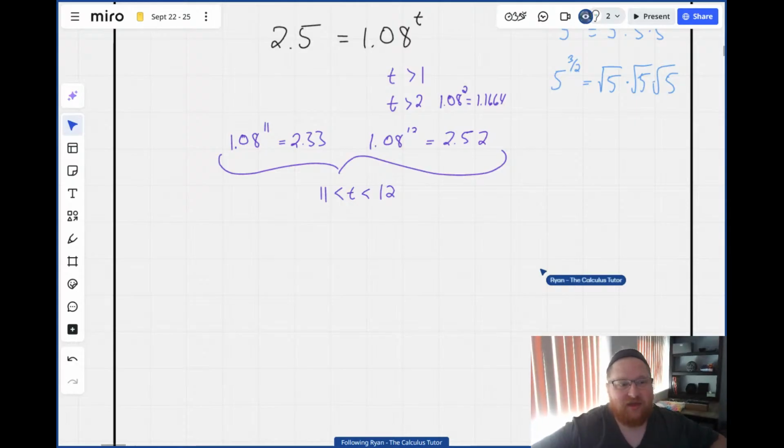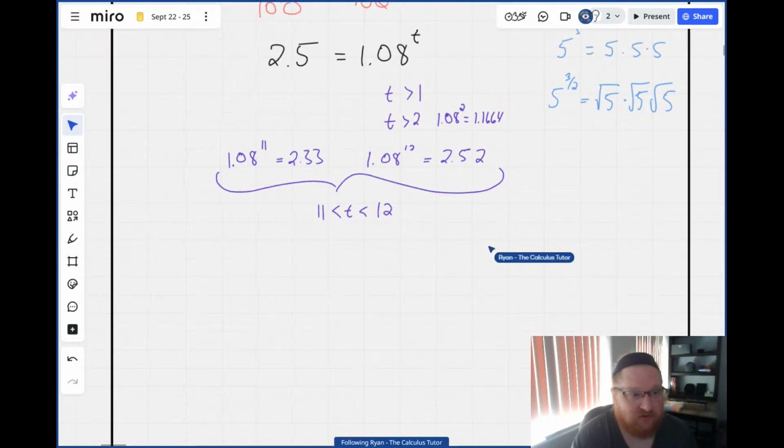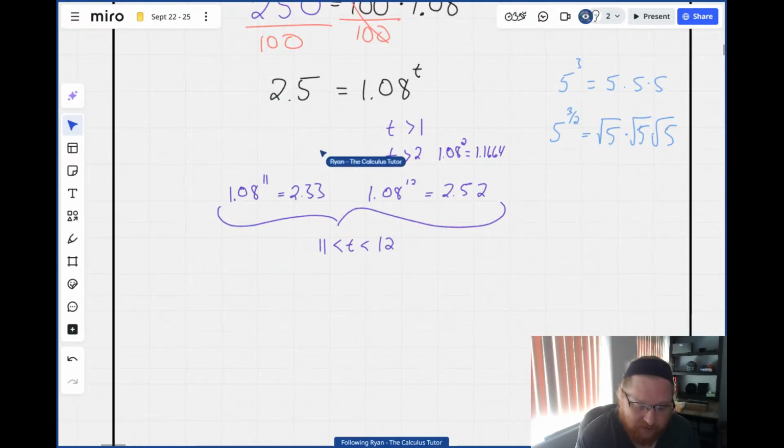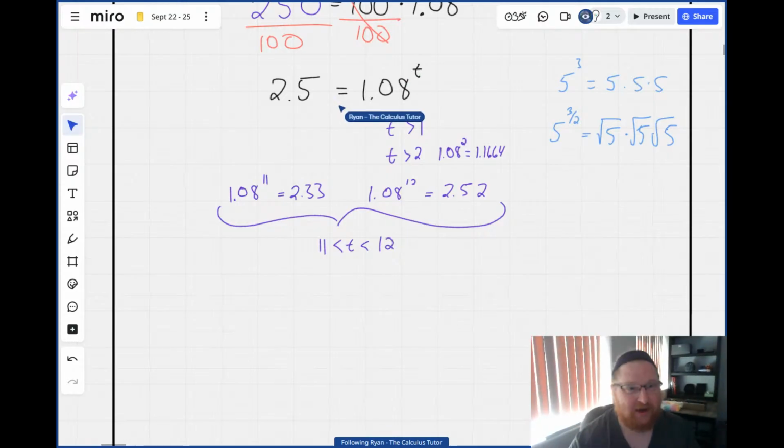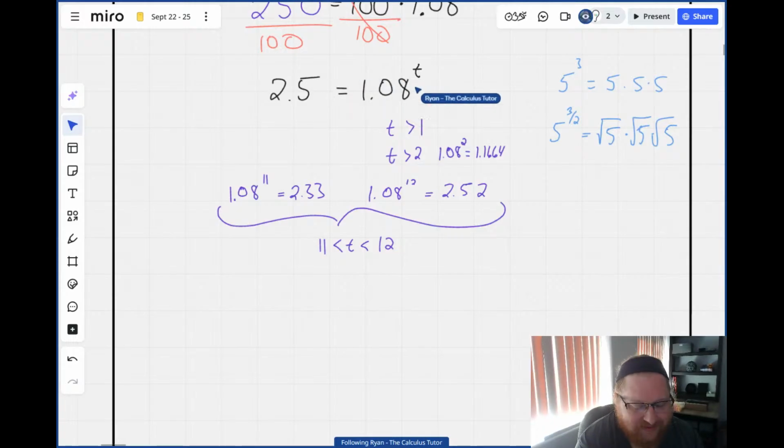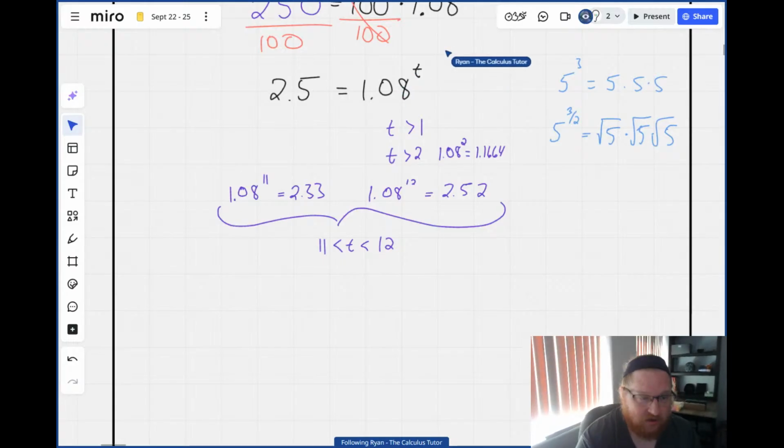So it would be nice if there was a more straightforward way, if there was something that existed in math. Part of the reason we have to do it this way is because, at least without logarithms, there's no way to cancel out this 1.08 that's in the base of an exponential. Now, if this was reversed, if it was t raised to the 1.08, we could take the 1.08th root.